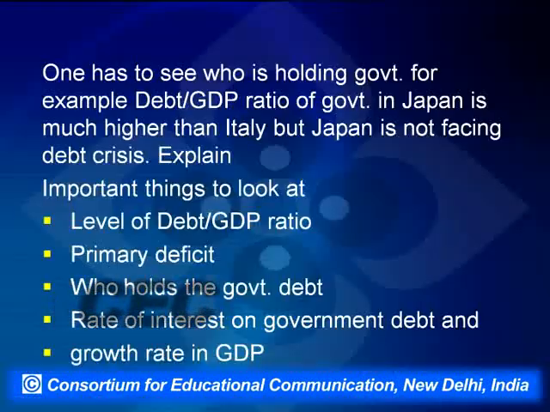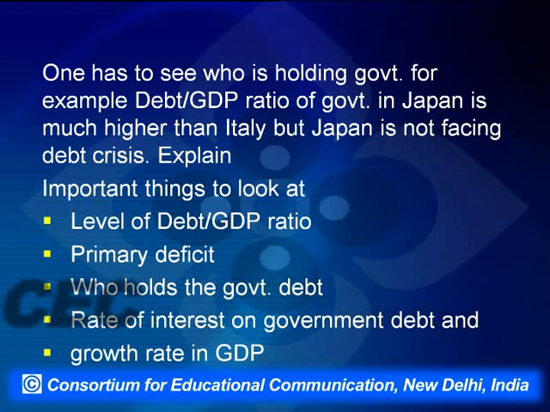Another point that one has to look at is who is holding government debt. For example, in case of Japan, the debt GDP ratio there is more than 170. But Japan is not facing any debt crisis. The reason is the bulk of the debt of the Japanese government is being held by Japanese themselves.